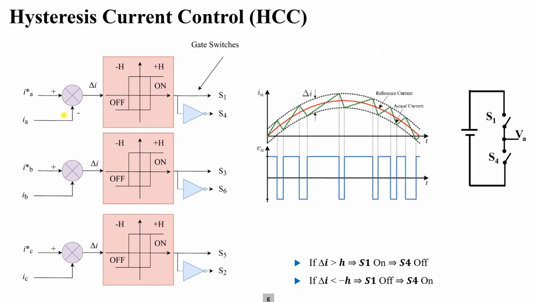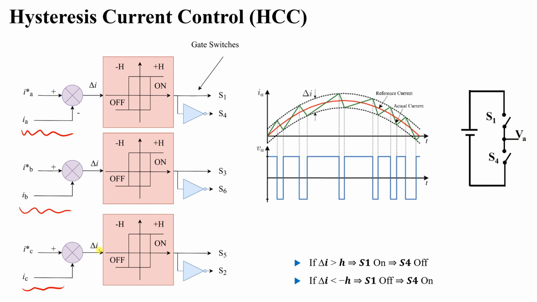What you will see is that for a hysteresis current control, we have three switches, right? We have three control loops: one for IA, one for IB, one for IC, and in each one we compare the reference with the actual current to get the error.